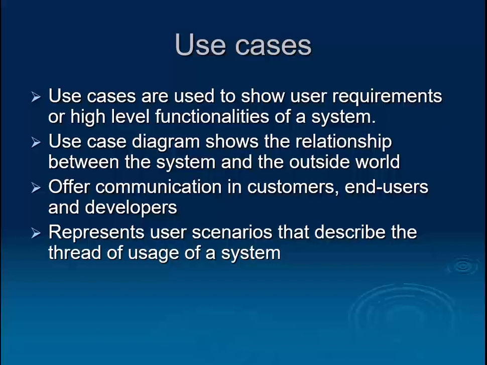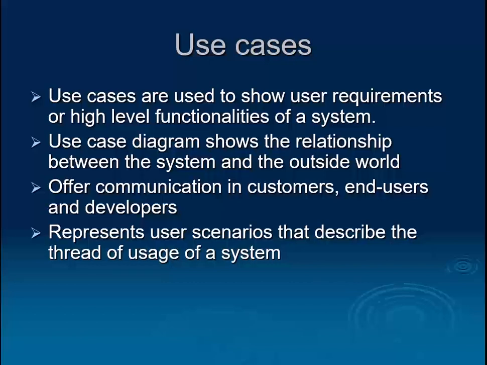Functional requirements are the detailed functionalities or concrete details that are needed by the system in order to achieve the high level user requirements. When we talk about functional requirements, those are actually the low level requirements, but the high level functional requirements mean the user requirements.